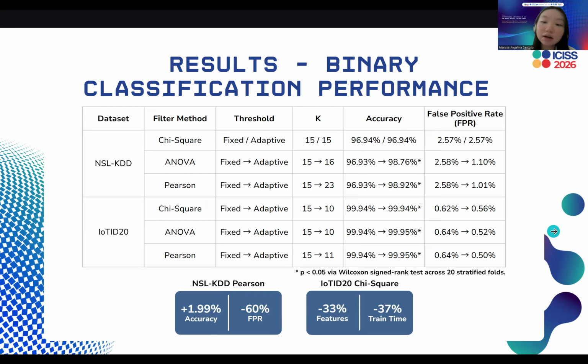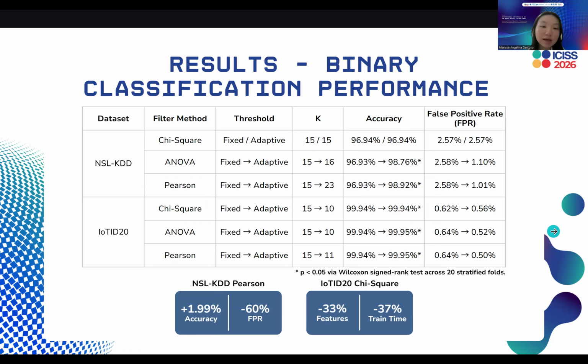With Pearson expanding from K of 15 to 23, accuracy was pushed from 96.93% up to 98.92% and the false positive rate dropped from 2.58 down to just 1.1, roughly a 60% reduction. Both improvements were statistically significant with p less than 0.05 on the Wilcoxon signed-rank test.